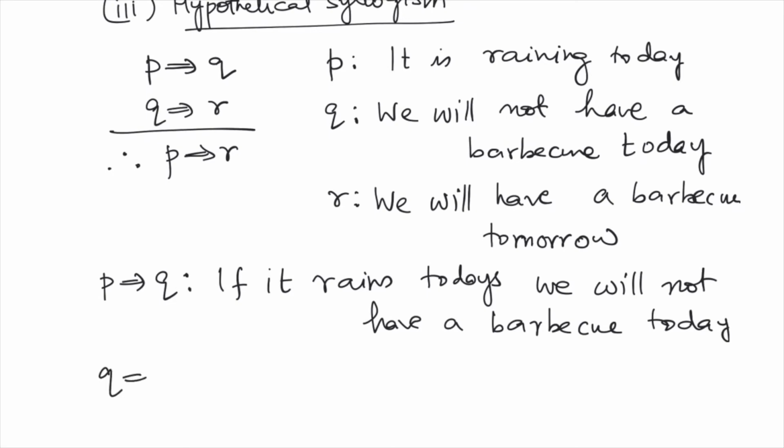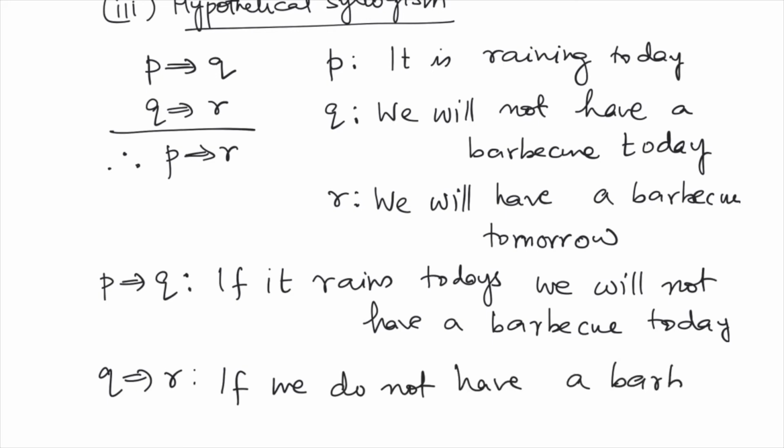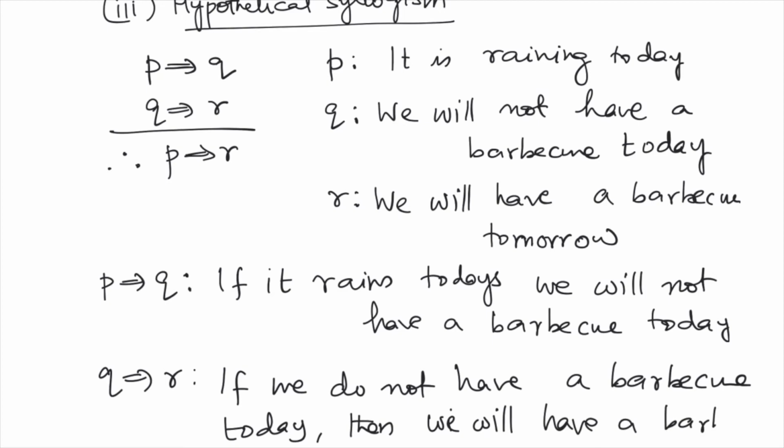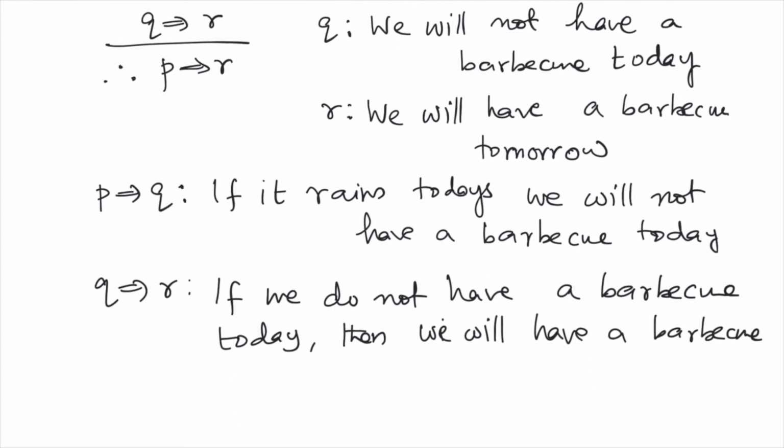Now Q implies R is equivalent to saying if we do not have a barbecue today, then we will have a barbecue tomorrow.